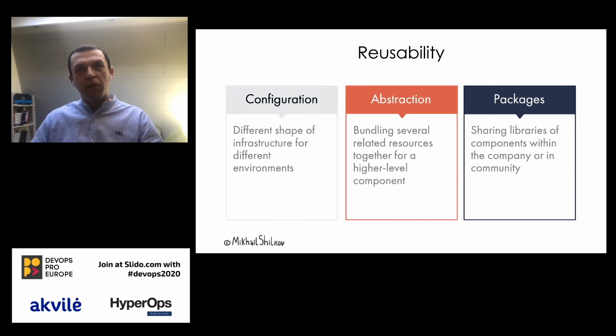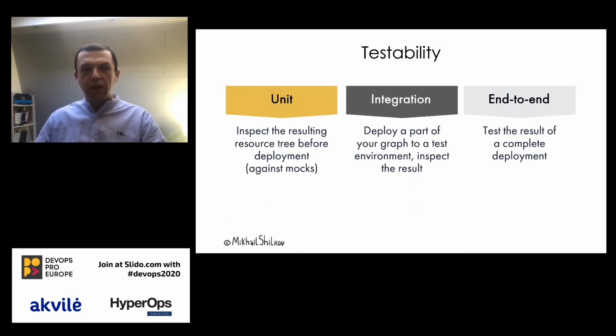Terraform sort of has modules, which are still not there, but a step in the right direction. The testability is quite hard. If you want to test your infrastructure, you usually deploy it to the cloud and then test it. You cannot really test the infrastructure, or even deploy part of your application and only test that in integration.